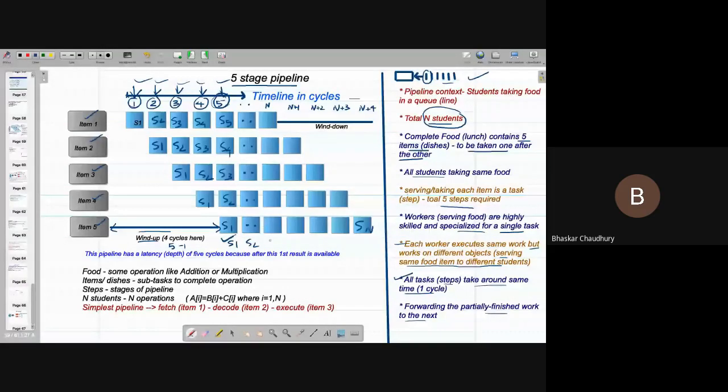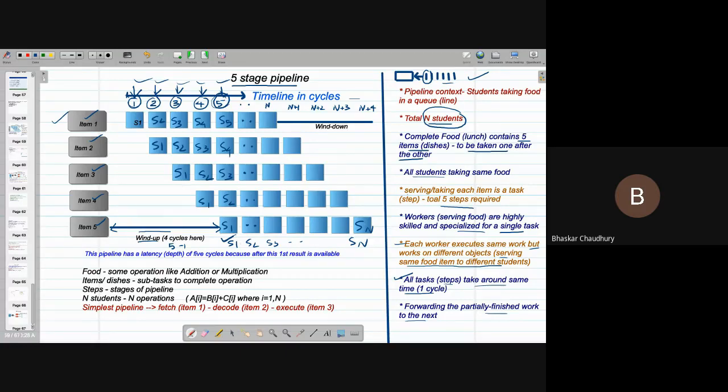Similarly, there is a wind down process after the job is over. The worker who was giving item 1 has nothing to do afterwards, so he or she will be the first one to finish, and gradually all will finish.